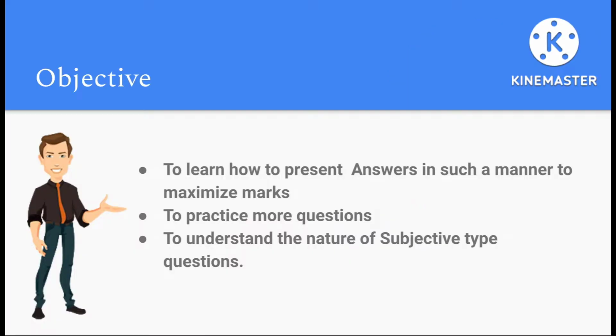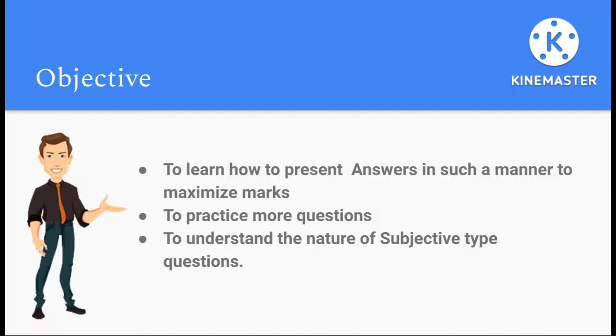Therefore, today's content is to learn how to present answers in such a manner as to maximize marks, and to practice more questions while following the strategy that I will tell you further. And the third one is to understand the nature of subjective type questions, because there are some words like evaluate and critically examine.